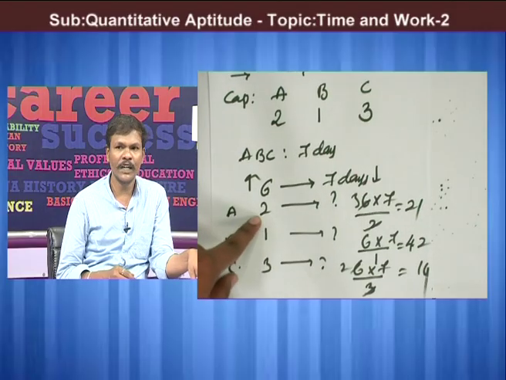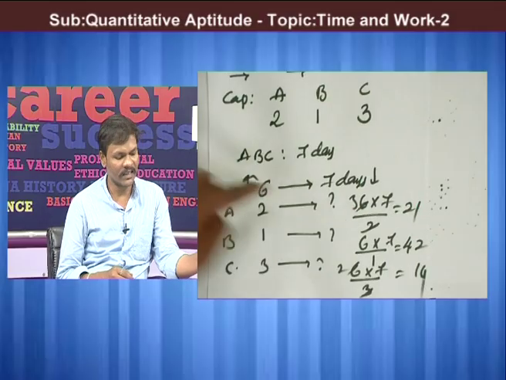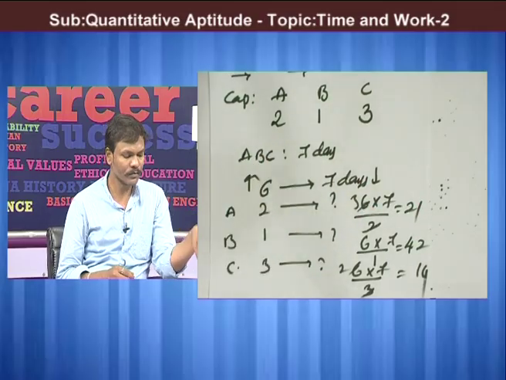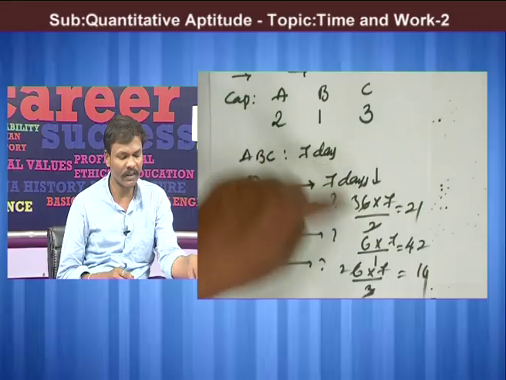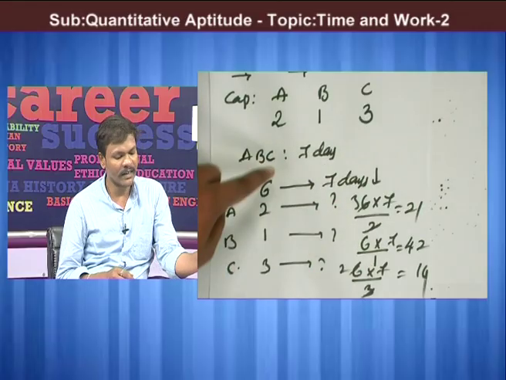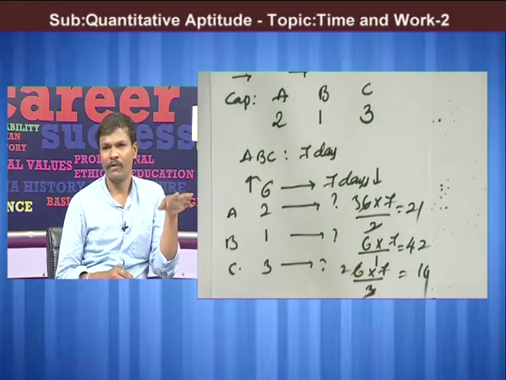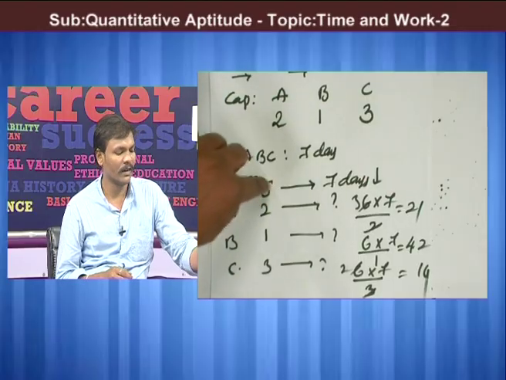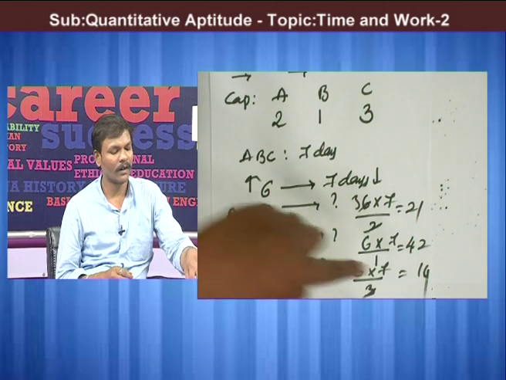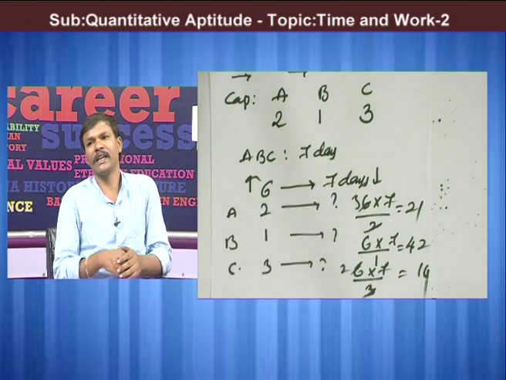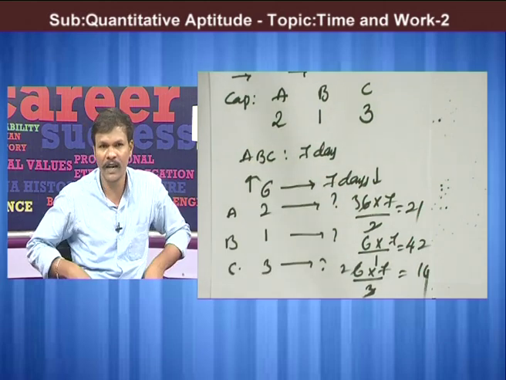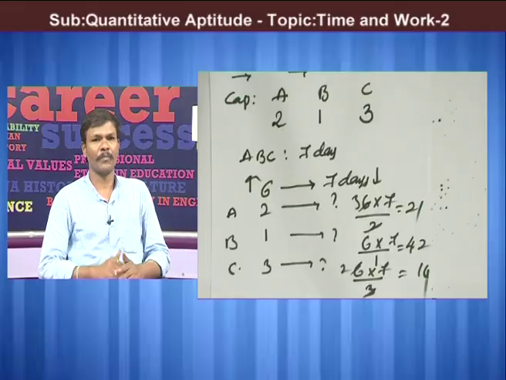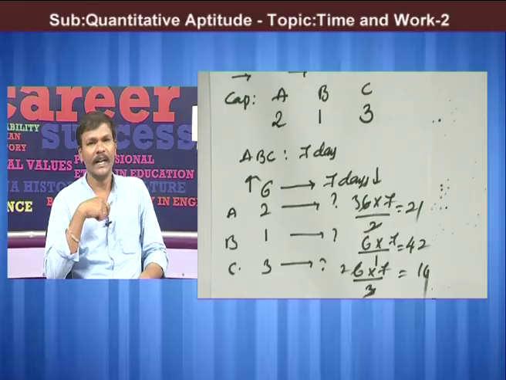So A is 6 into 7 by 2, B is 6 into 7 by 1, C is 6 into 7 by 3. When we have capacities and days, you have to work out these values. This is very easy.